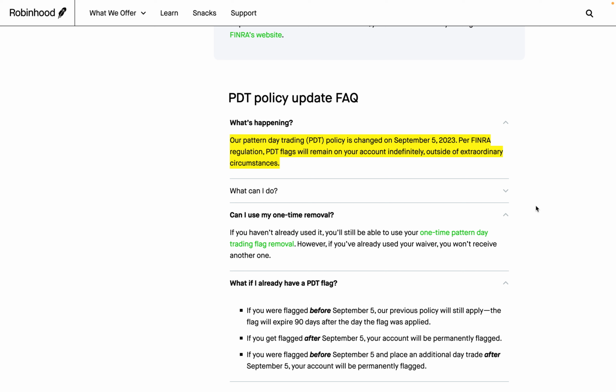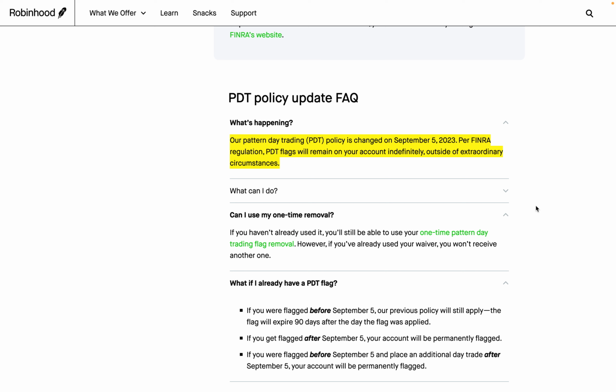Let's say you got flagged as a pattern day trader back on January 2nd, or whenever the first day the market was open this year was. All you would have to do then was wait 90 days, that flag would be removed, and you could continue to day trade. However, starting yesterday, September 5th, this has now changed, and I want to make sure you guys are aware of this.